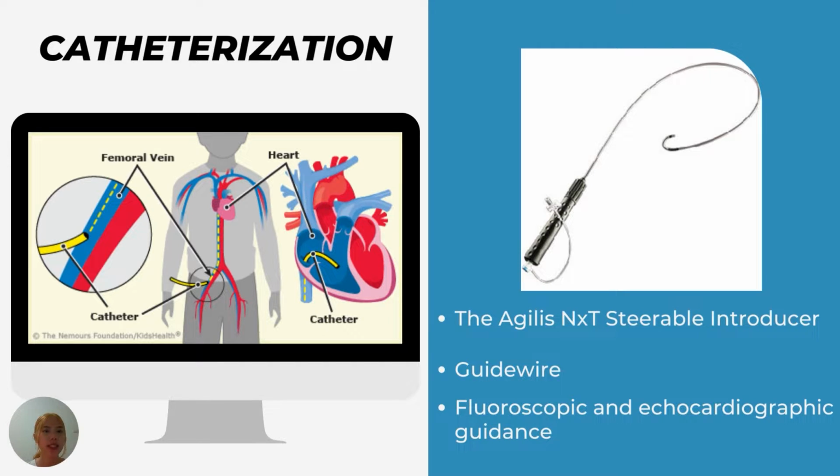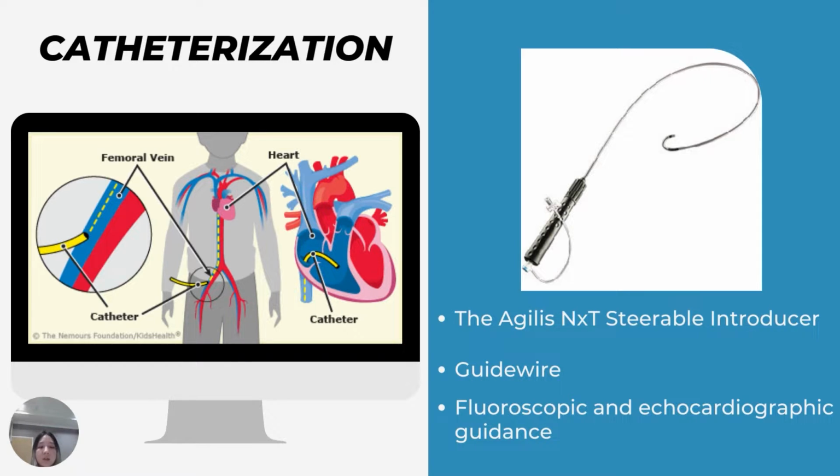Next is catheterization, or the way to insert the catheter into the heart chamber. For catheterization, the Agilis NXT steerable introducer from Abbott is applied because of its ability to approach hard-to-reach areas. Fluoroscopic and echocardiographic guidance is used during the catheterization to navigate.